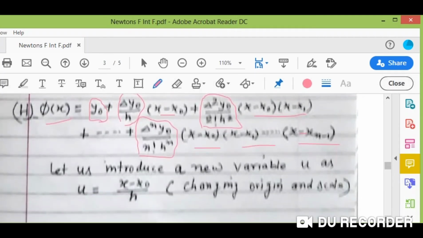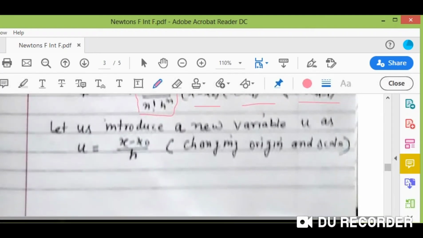Okay, now this is one very important stage we have crossed, and we have arrived at it after evaluating the values of all the possible constants involved in the polynomial. So let us introduce, you look at here, this is very interesting.